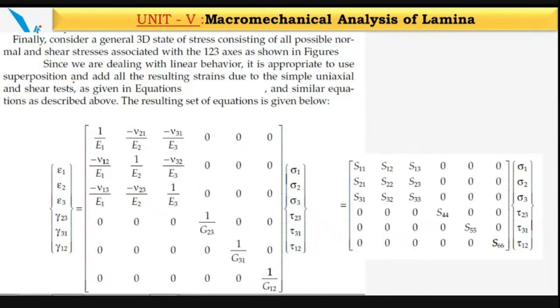We call that the superposition theory. Based on superposition, we can add all the resulting strains due to the simple uniaxial and shear tests as given in the equations discussed earlier, and similar equations described above.